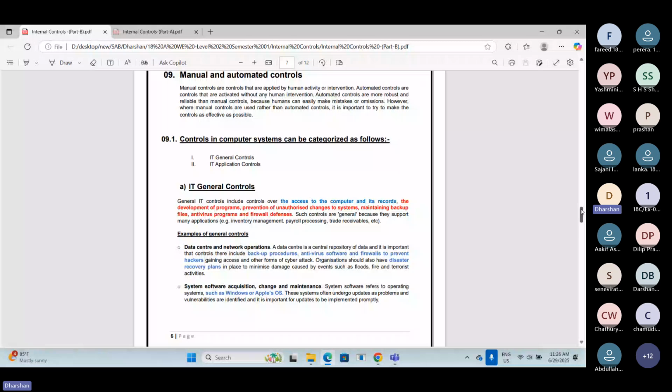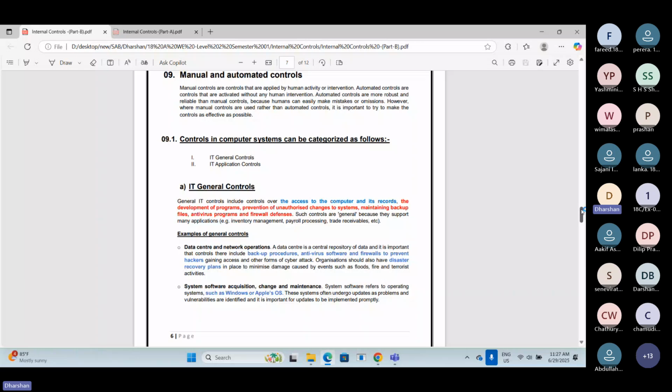Whether these controls will only affect the sales process, or only the purchase process, or only the inventory process? No, they are applicable to the entire organization.